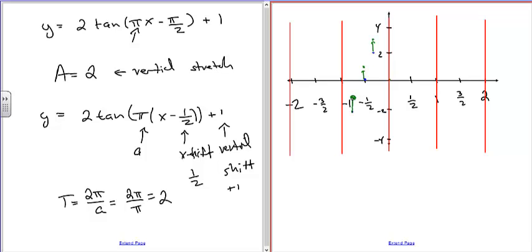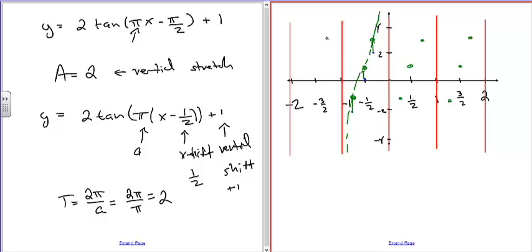And then I'm going to make big dots so I can see them easily. So you'll come up, you go through that dot, you go through here, then you'll come up through the other big dot. So that's the curve, and then we can just copy over the values relative to halfway between vertical asymptotes and then the quarter points.